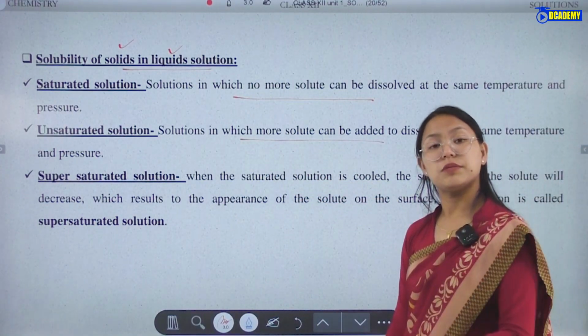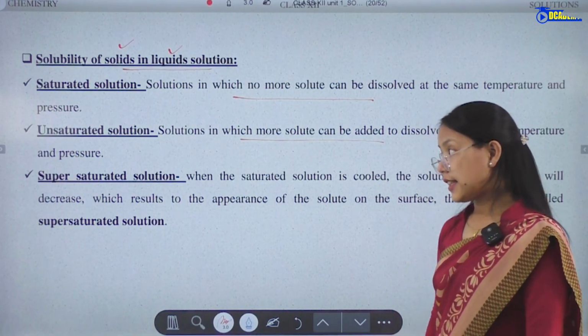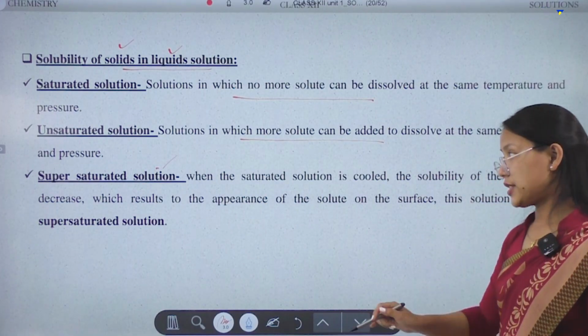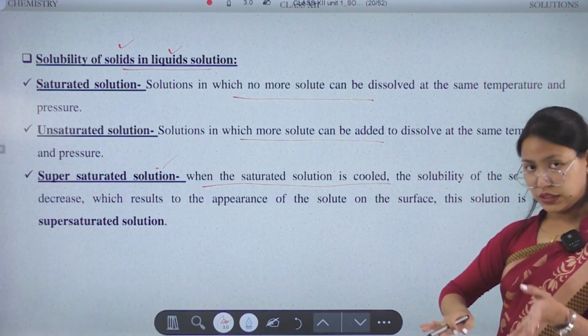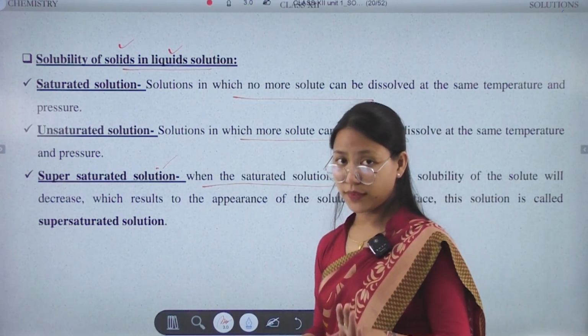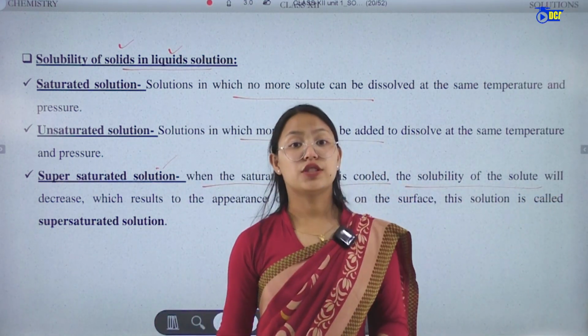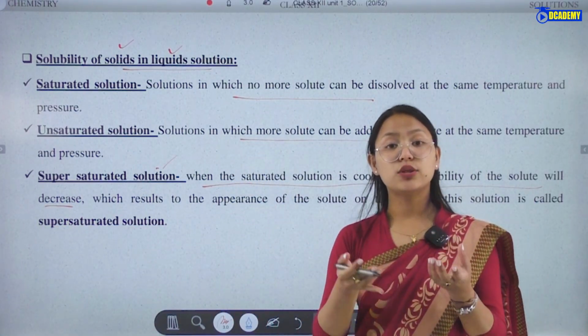More solid can be added, it is known as unsaturated solution. Then super saturated: when the saturated solution is cooled, then the solubility of the solute will decrease.